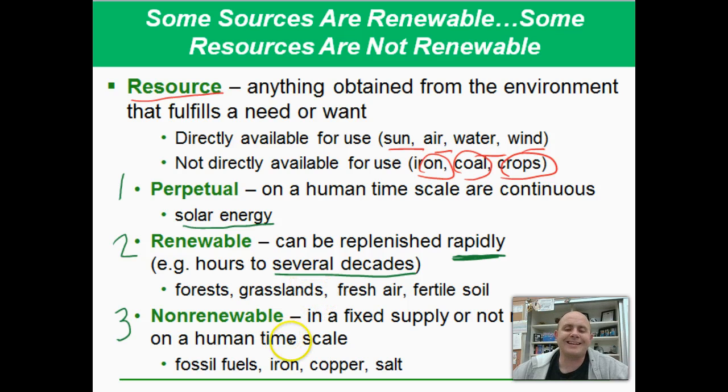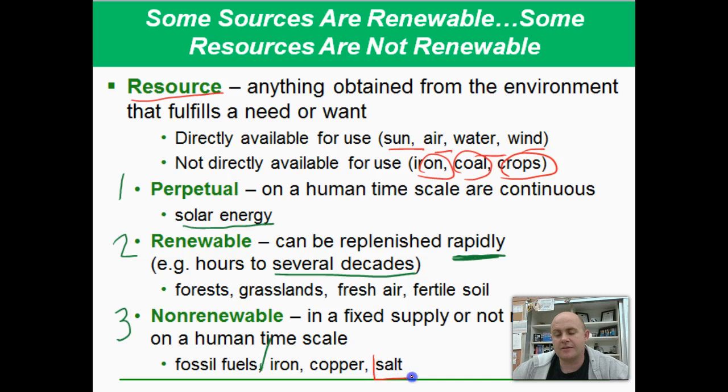By contrast, non-renewable resources are something that either have a fixed amount or take a really, really, really long time to replenish themselves. Fossil fuels take a really long time to replenish themselves, and these 3 things at the end vary a little bit. So the first one is salt. Salt is something that, yes, it can fill itself back in with time.